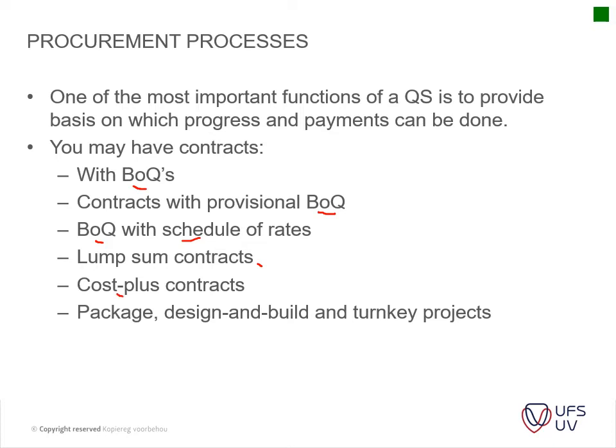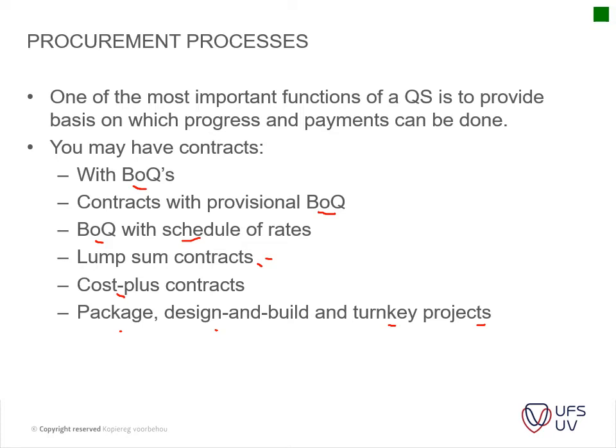And then you've got cost plus contracts. These are usually contracts where the client provides material, and then the contractor adds a certain amount on top of that for labor or so only. Then you've got package or design and build or turnkey type of projects, where the contractor basically does everything, very similar to the lump sum contract, but the design and so on is done by the contractor himself.